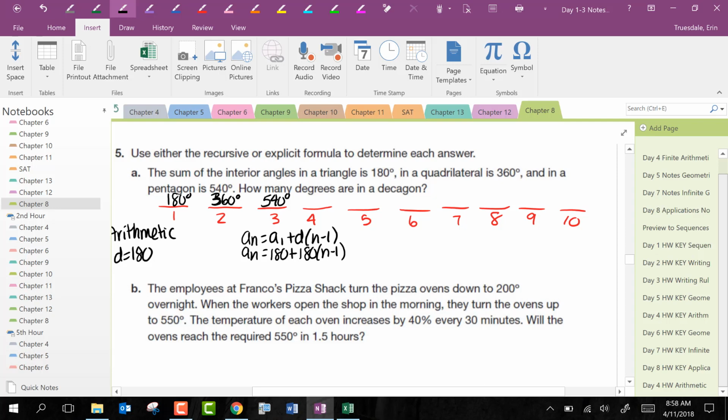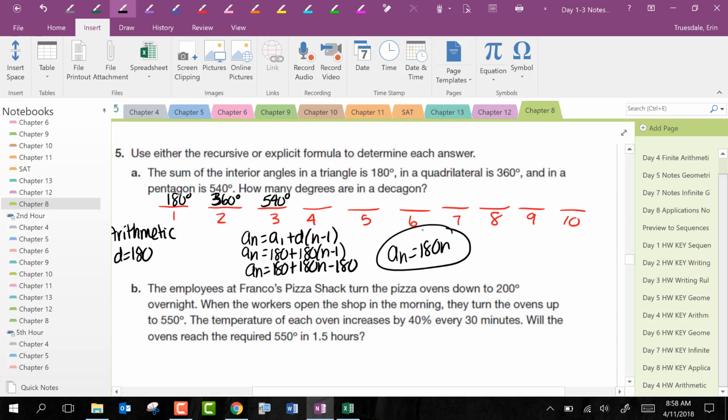Okay, so I'm going to distribute the 180. AN equals 180 plus 180n minus 180. So what does the general rule end up being? 180n. Okay. And that should make sense to you. So here's your general rule.